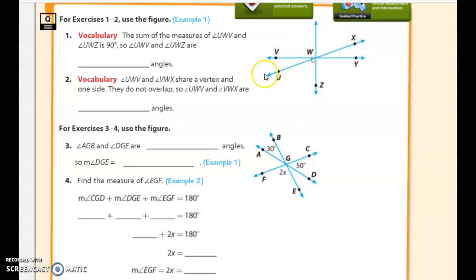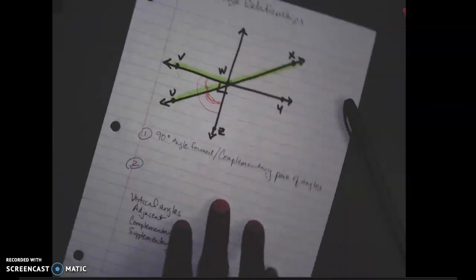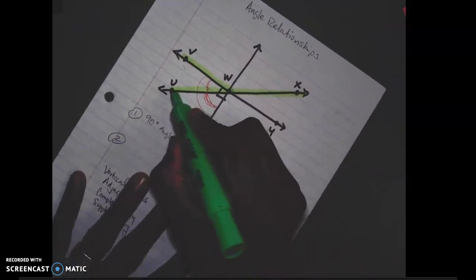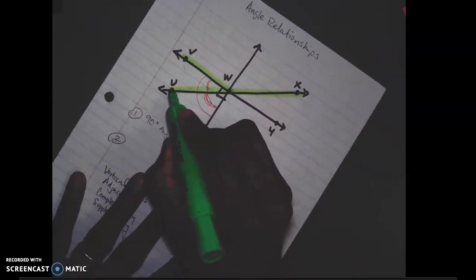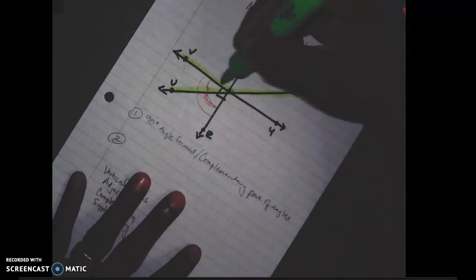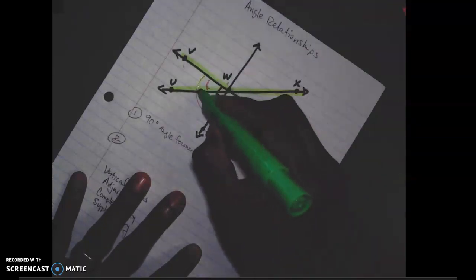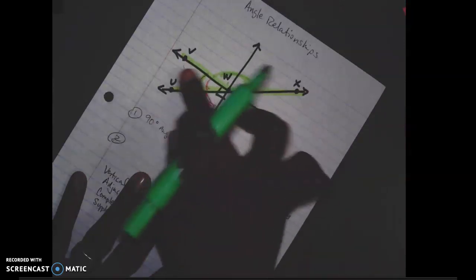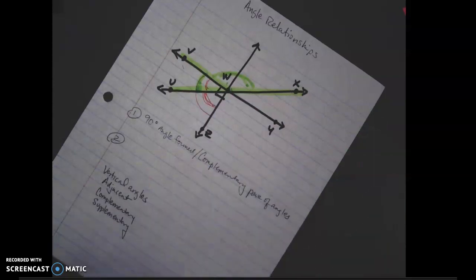The angles that I'm looking at right now are these two right here. So let's go back to the drawing page. Here on my drawing page, I highlighted the angles that I was looking for again: UWV and this angle right here, VWX. So this angle and this angle. What kind of angles do they form?